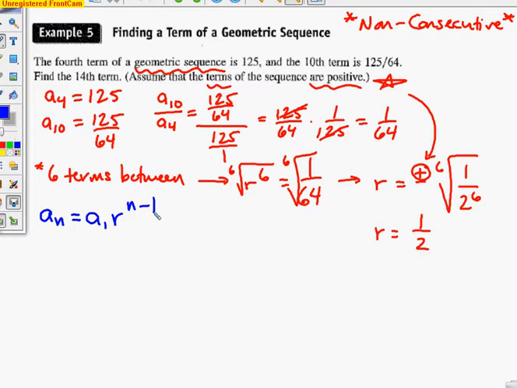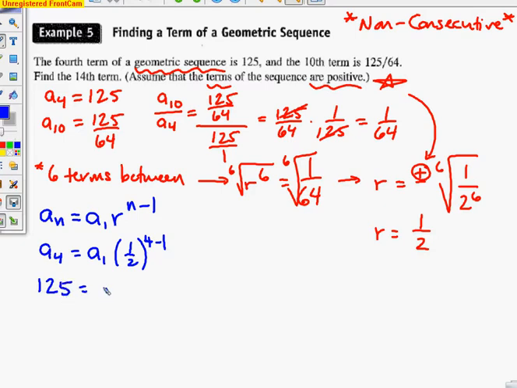Well, we can do that by using either a sub 4 or a sub 10. We can plug that in for a sub n down here. So let's use a sub 4 because it's not a fraction. So a sub 4 equals a sub 1 times 1/2 to the 4 minus 1. A sub 4 is 125.